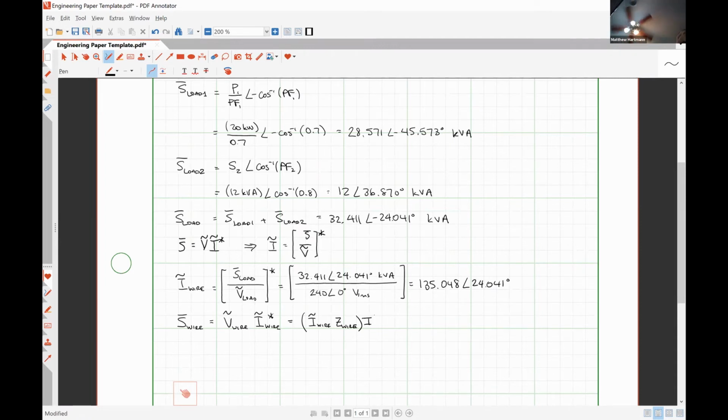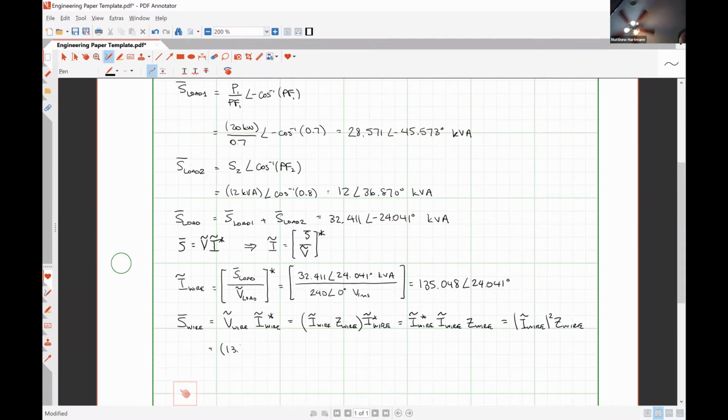And this will be multiplied by I wire conjugate, which I could further simplify as I wire conjugate times I wire times Z wire, which finally is just the magnitude of I wire squared times Z wire.